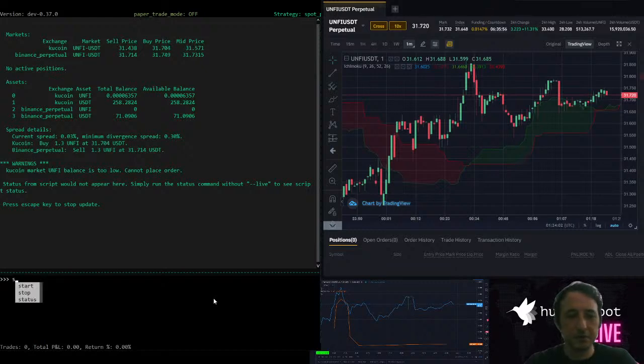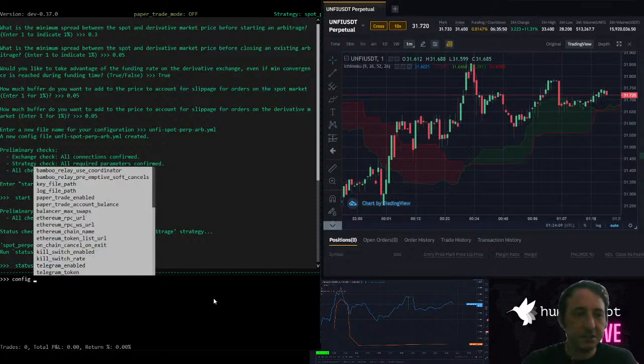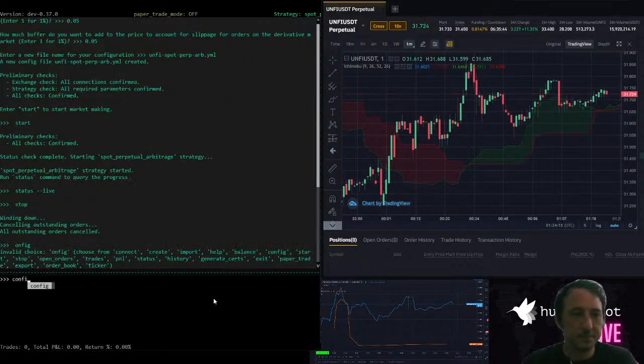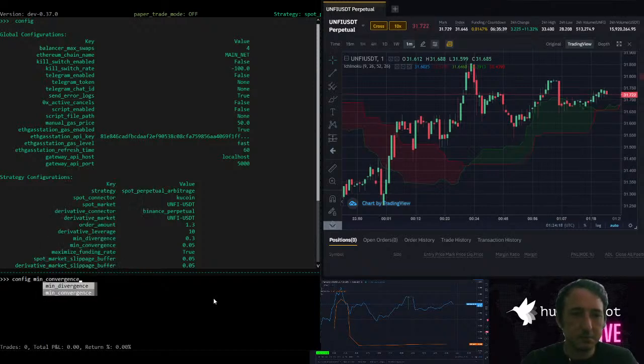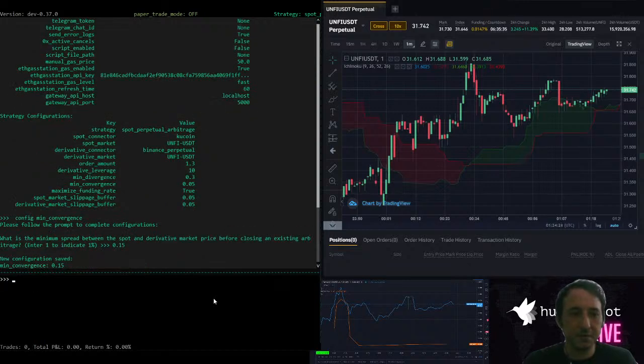I'll do something here so we can catch a trade. Let me just use a bit the open spread. Let me set this to 0.15. I'll probably take a loss here, but let's just use this as a quick example. The bot can start to execute a trade, so you can see.